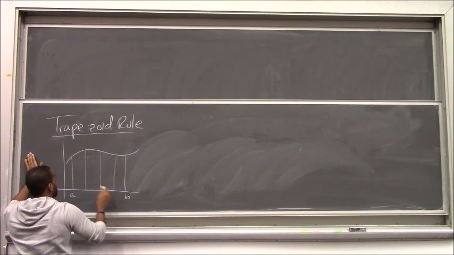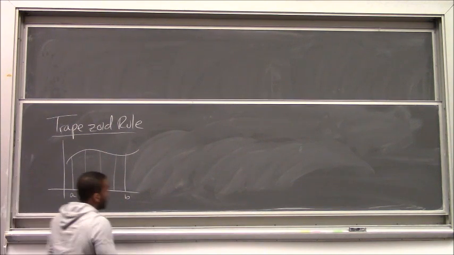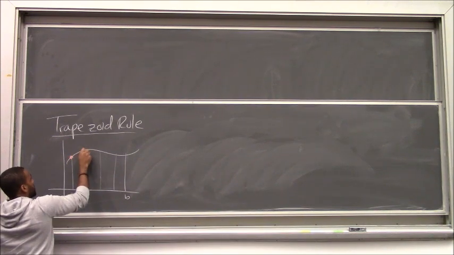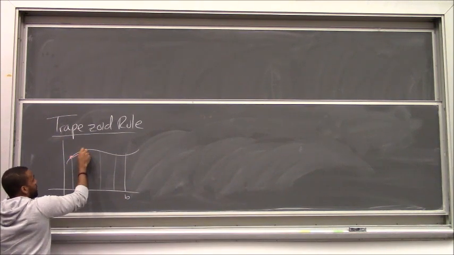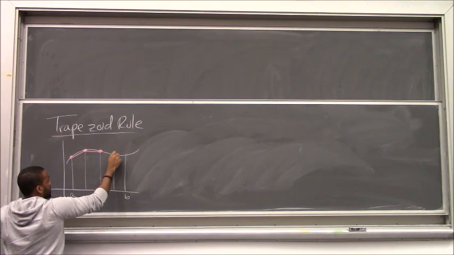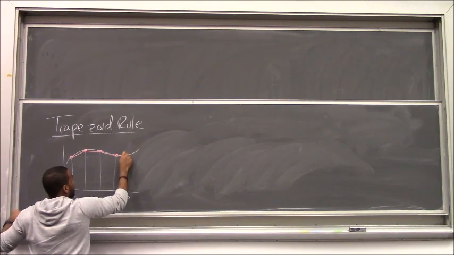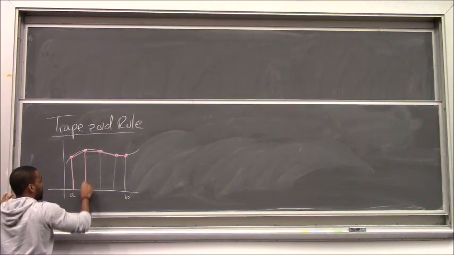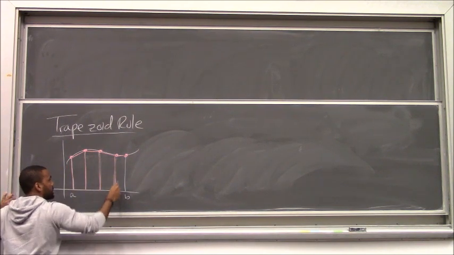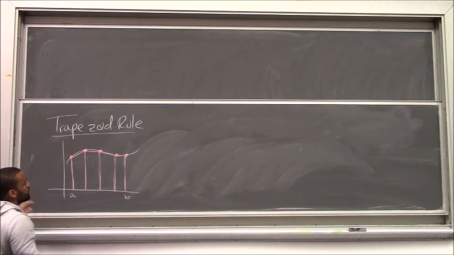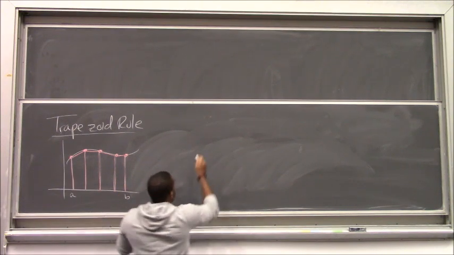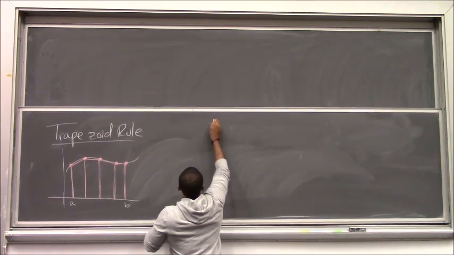The idea was you created a bunch of subintervals, and wherever they hit the curve, connected them with straight line segments, and you created trapezoids. So you find the area of these trapezoids and use that to approximate the area under the curve. And another new one was Simpson's Rule.